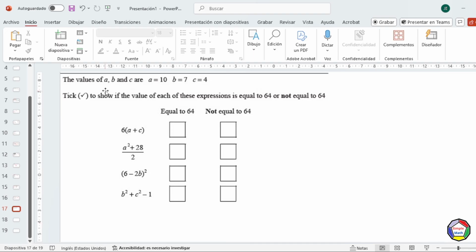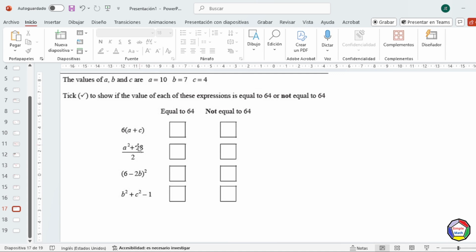Instruction. The values of A, B, and C are: A equals 10, B equals 7, and C equals 4. Tick to show if the value of each of these expressions is equal to 64 or not equal to 64.